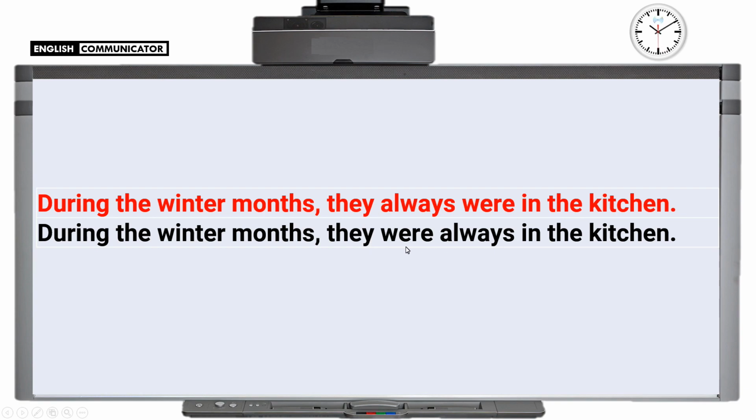So you have to mention they were always in the kitchen. They always were in the kitchen looks like not a balanced sentence. So concentrate on a right sentence, and the right sentence is they were always in the kitchen.